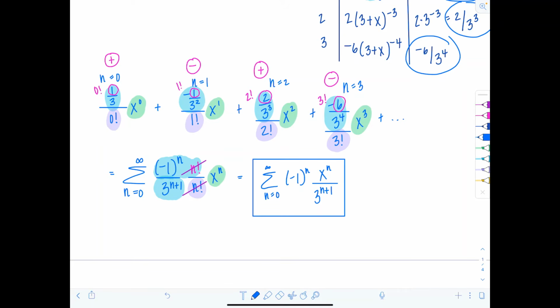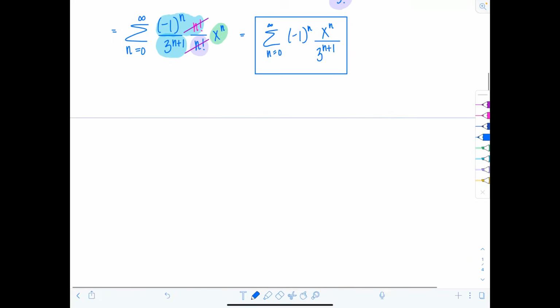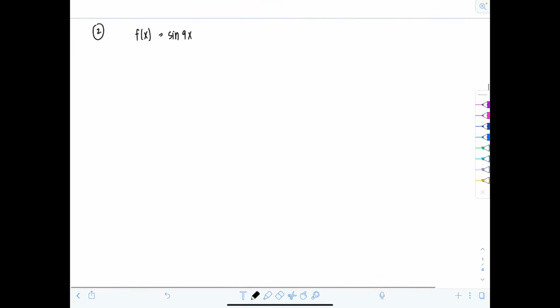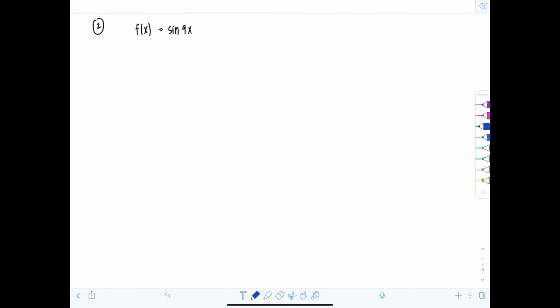Okay, let's do another one. Example 2, we'll still work on Maclaurin series, okay? And in this case, f of x is equal to sine of 9x. So why don't you guys take a minute, pause the video, and then try to fill in the table yourself.